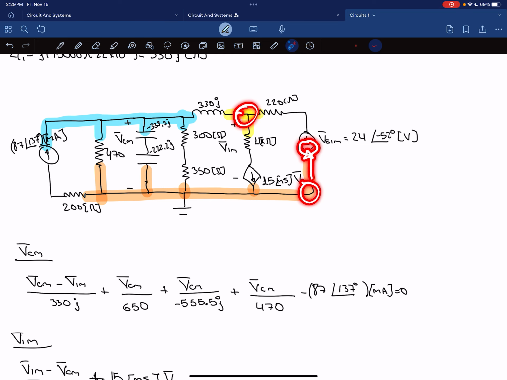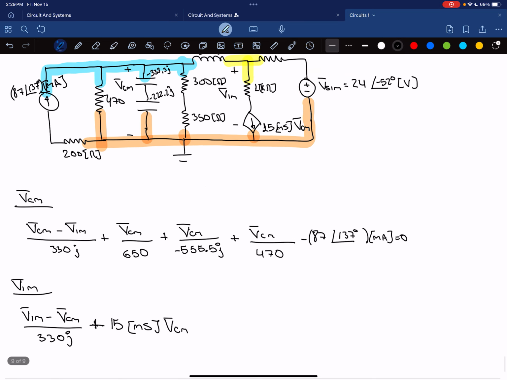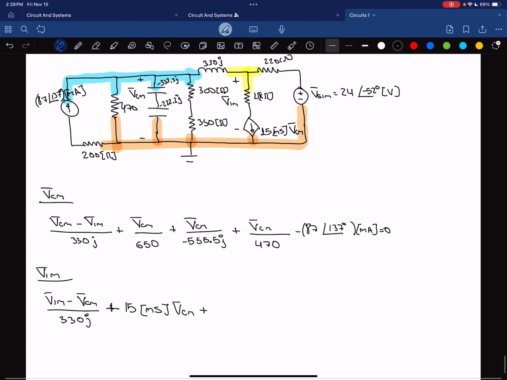The first thing I encounter is negative this over 220. So plus B1M minus 0 minus 24 angle of negative 52 over the resistance, which is 220. And this is equal to 0.